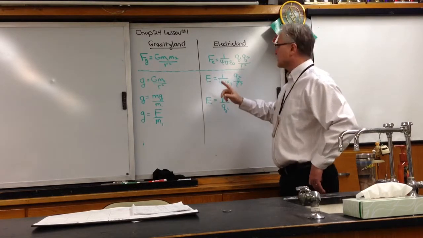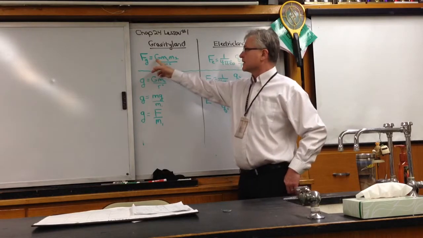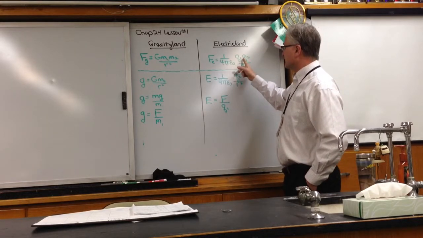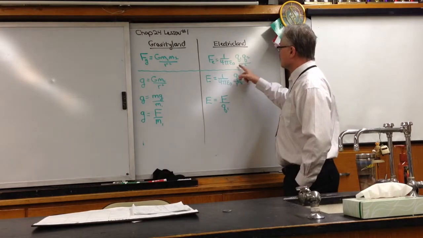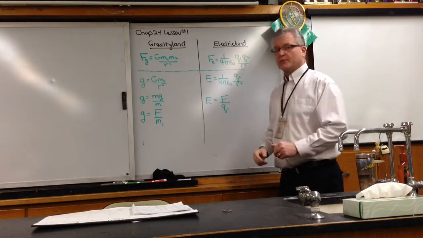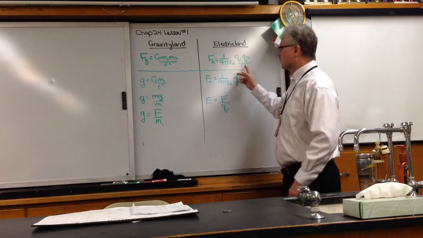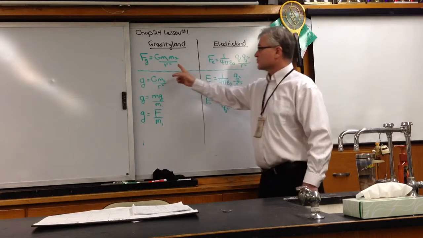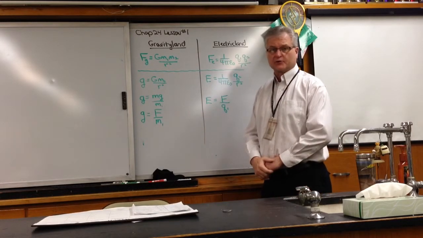So the analog is 1 over 4 pi epsilon naught is kind of like the constant G. And then, instead of masses m1 and m2, we have two charges. As we move away from a point charge, the field starts to get weaker, so we end up with reduced forces, a 1 over r squared function, just like we have with gravity. So these two things are very much related to each other.